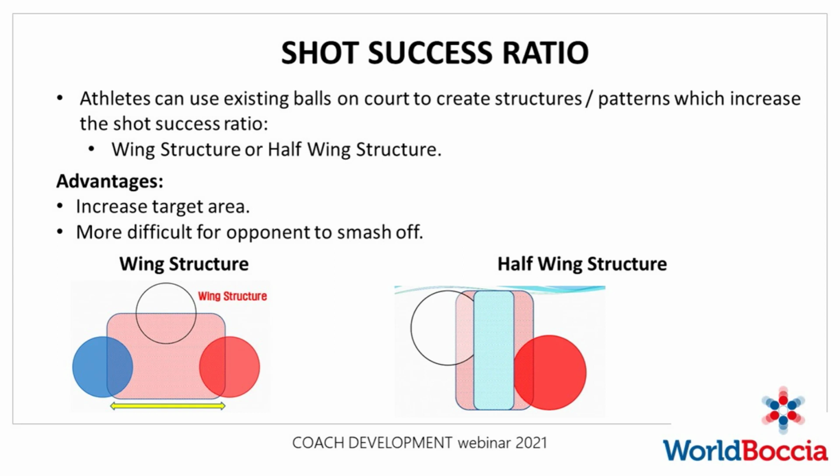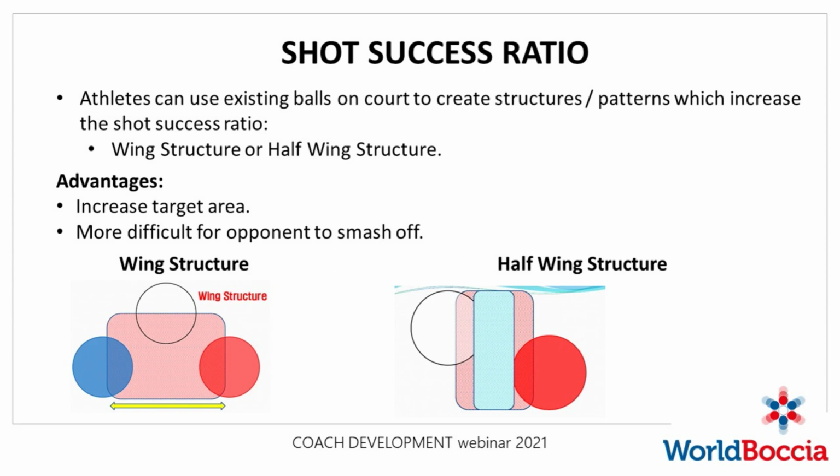But in this situation, our target area is pretty much 1.5 balls. If we then get a ball into this space between the white, the blue, and the red, we're going to be in holding position, and it's going to be very difficult for our opposition to smash our ball off.